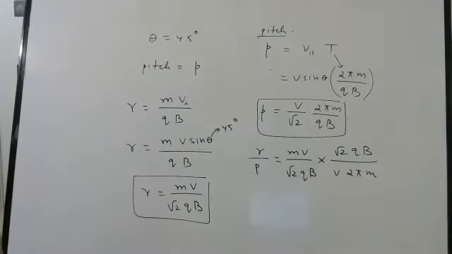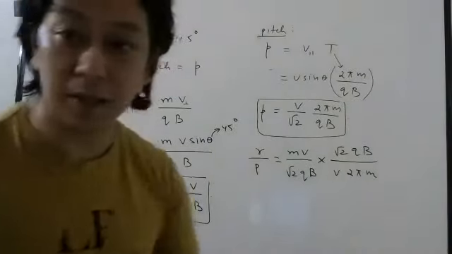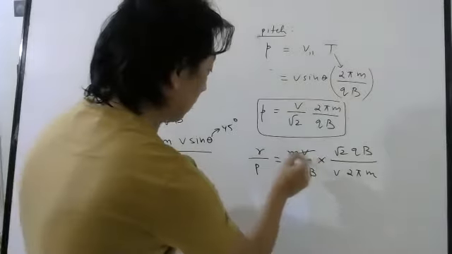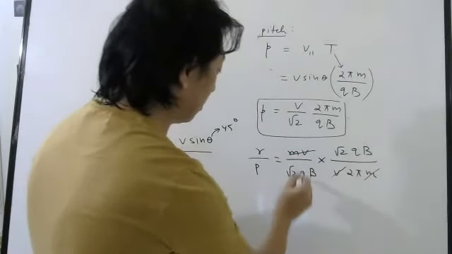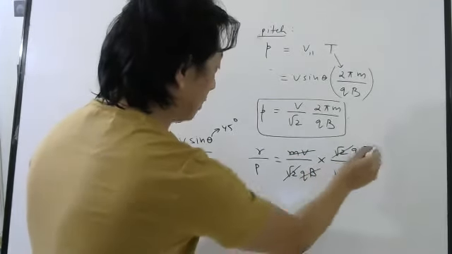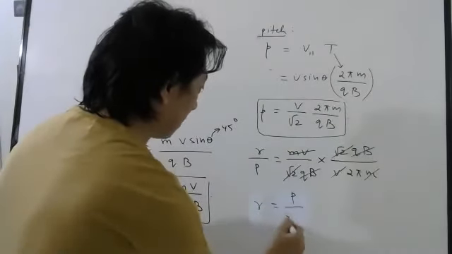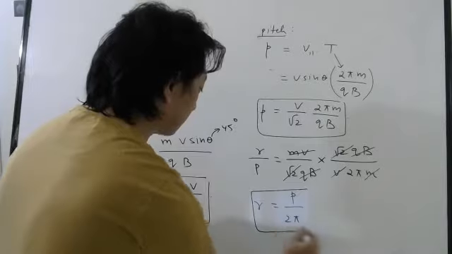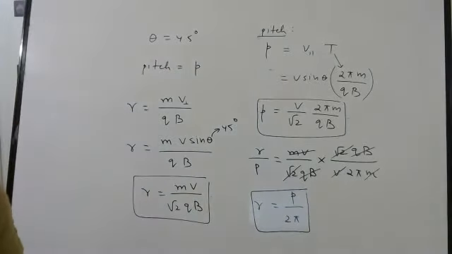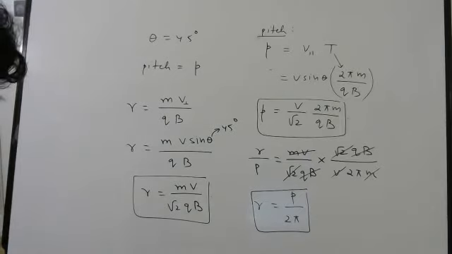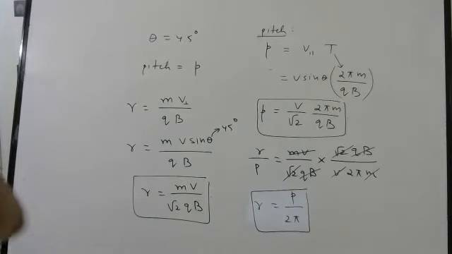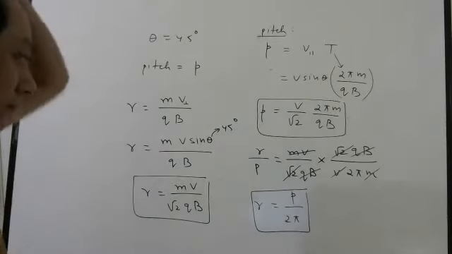Why? So that I can give the answer of radius in terms of pitch. So mv cancel, root 2 cancel, qB cancel. So radius will be pitch divided by 2 pi. Radius will be pitch divided by 2 pi. Which option is this? Option C. Right, fast.